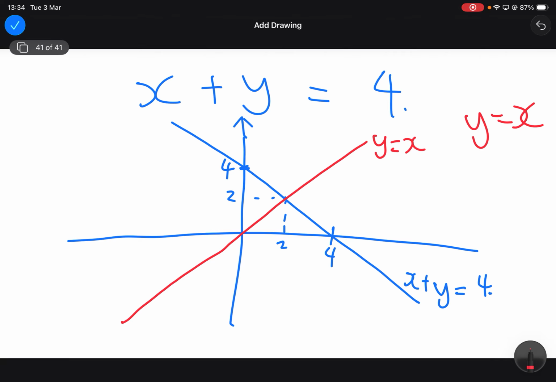So we are solving equation means we are trying to find out the unknown value. Simultaneous. The English of this word means happening together, happening at the same time.